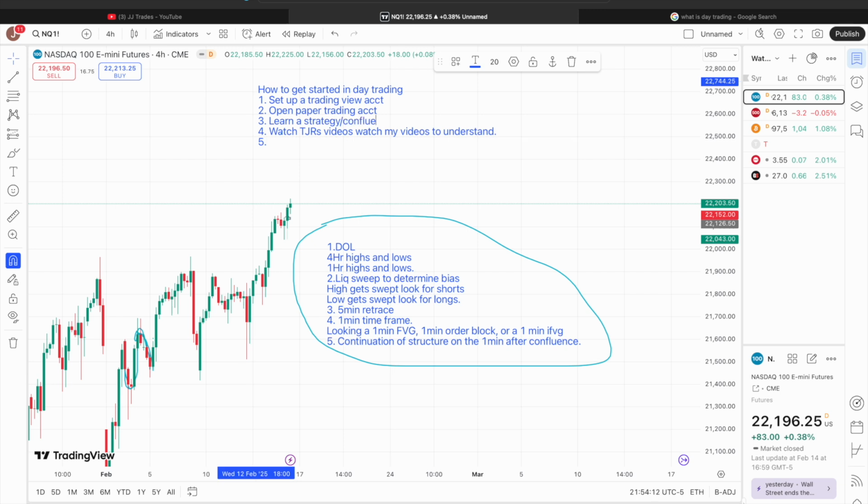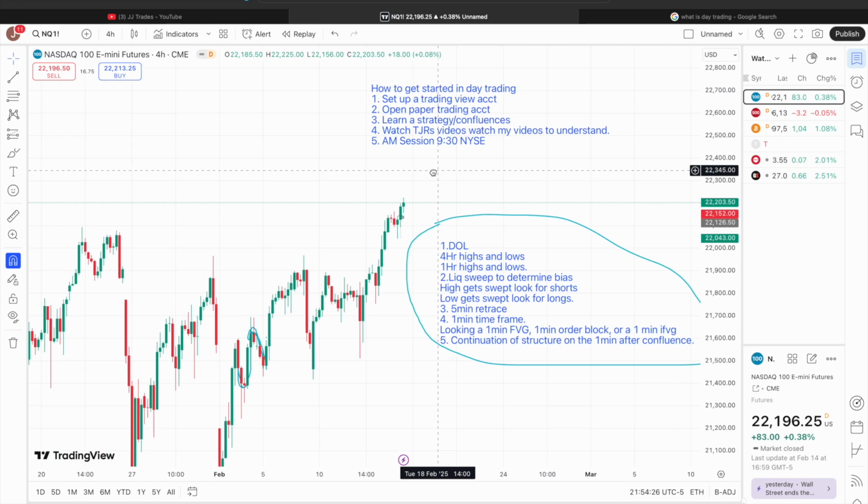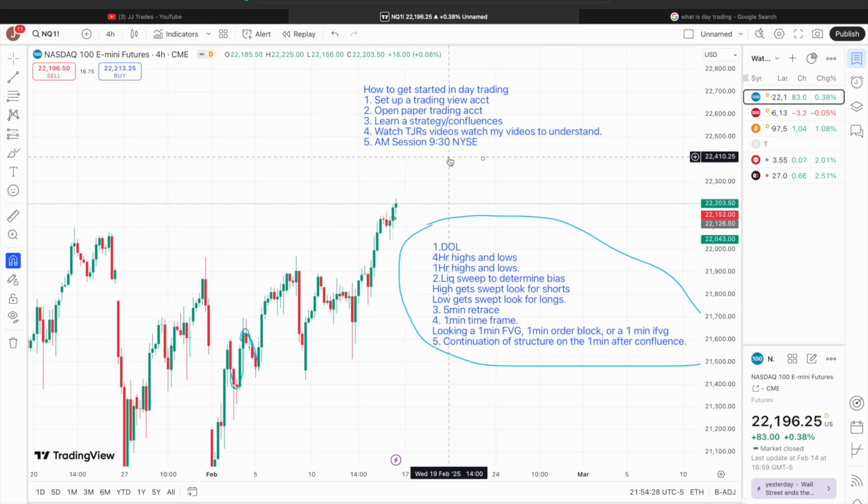So confluences. Number five, AM session is 9:30 for New York Stock Exchange. So New York Stock Exchange opens at 9:30 Eastern, Monday through Friday. And that's when you should trade.